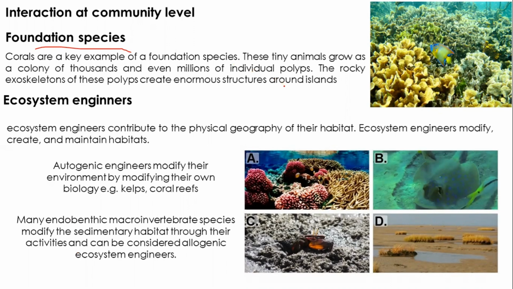They may not be directly linked with the food chain or the prey-predator mechanism, but they provide a foundation where other animals come and live all together. Okay, so one good example of a foundation species is coral reefs, and another good example is the kelp forest, because these foundation species support millions of species in one particular location.